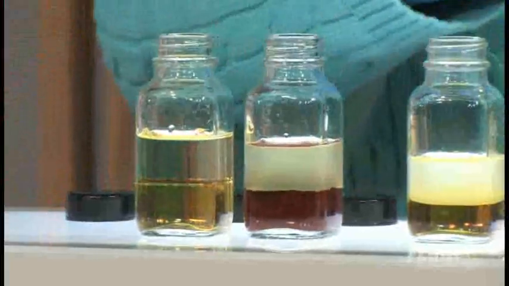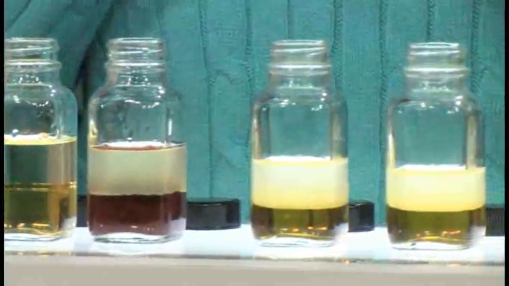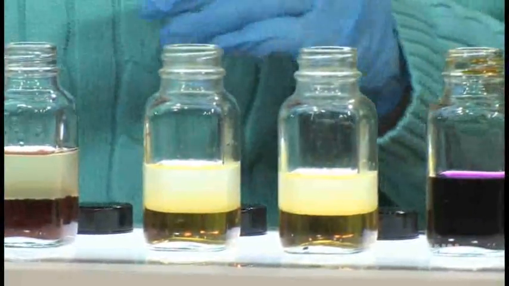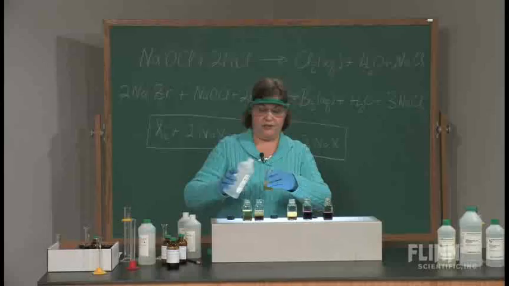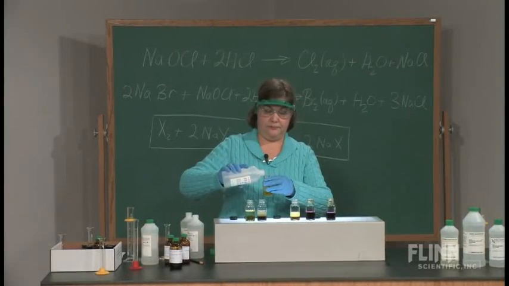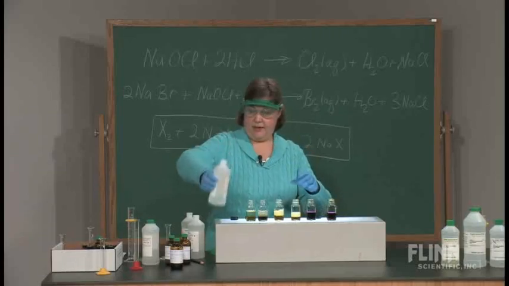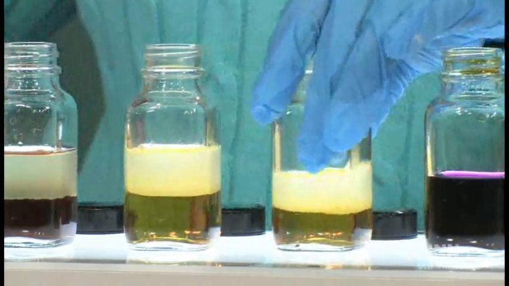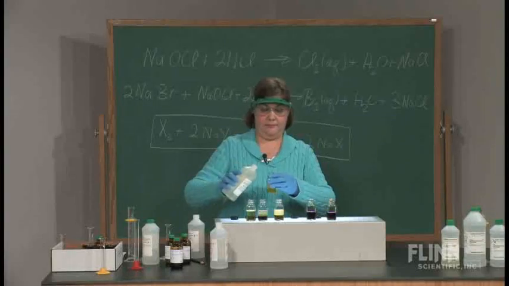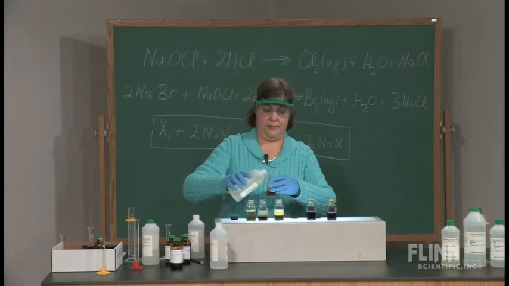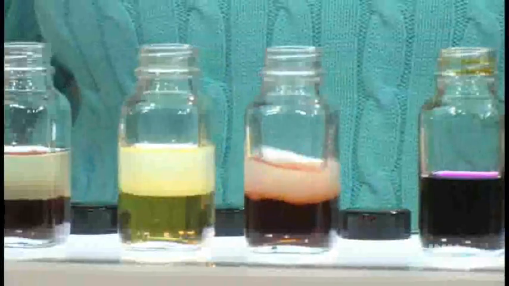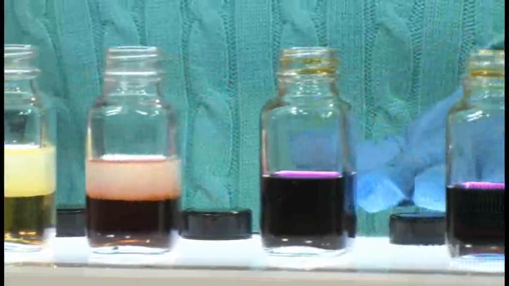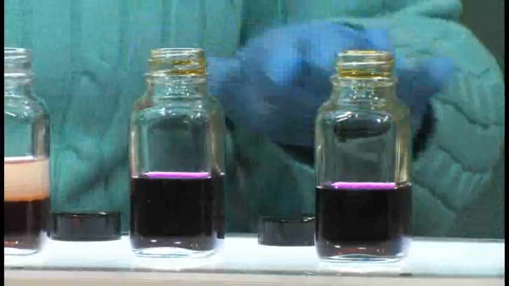Now, in the case of the bromine, I'm going to add sodium chloride and sodium iodide. So sodium chloride to the first one, and sodium iodide to the second. Again, something interesting happened. And now to the iodine bottles, I'm going to add sodium chloride.